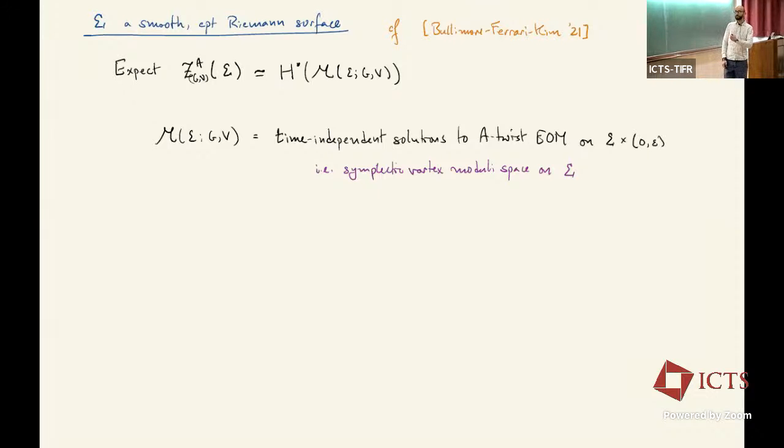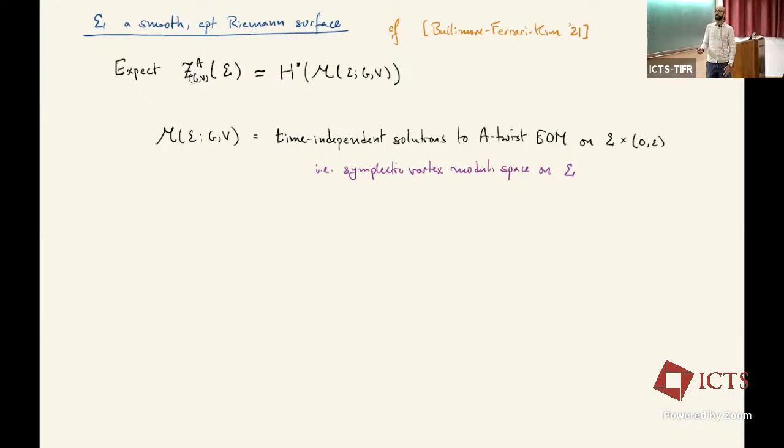For sigma, a smooth, compact Riemann surface, the vector spaces associated to sigma in the A-twist were described in a recent paper by Bullimore, Ferrari, and Kim. So just to sketch what's happening, as I said, quantization in this case ends up looking like taking cohomology.